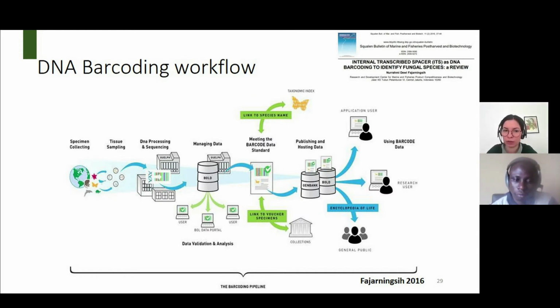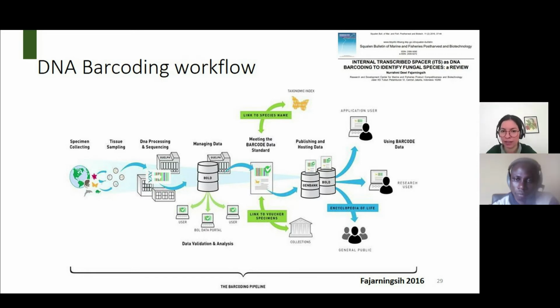This is processed by DNA isolation, and later the DNA is amplified using polymerase chain reaction, and then sequenced using Sanger sequencing.